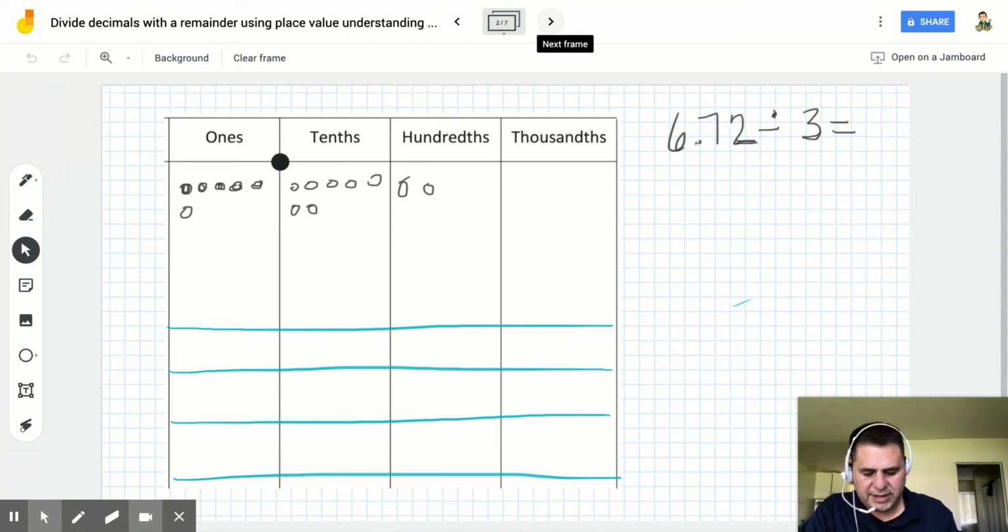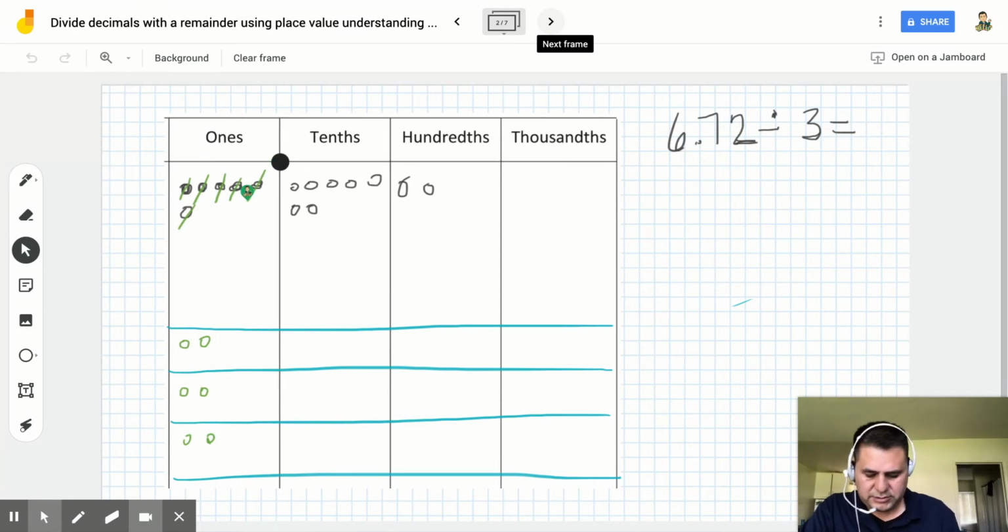So if I were to divide $6 between 3 people, the question is how many dollars will each person get? Let's see. $1 for you, 1 for you, 1 for you, second dollar for you, second dollar for you, second dollar for you.